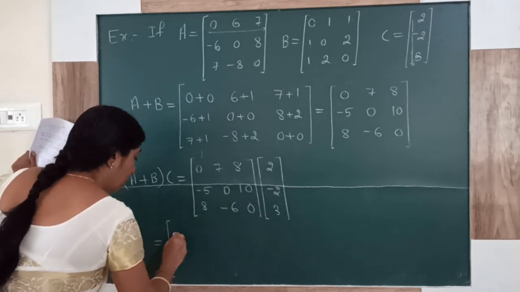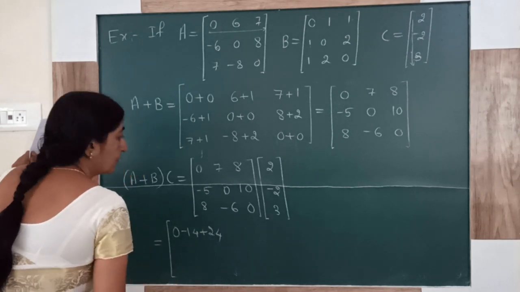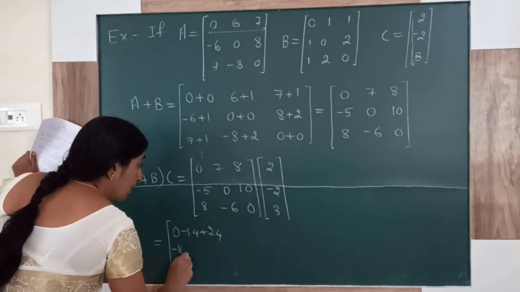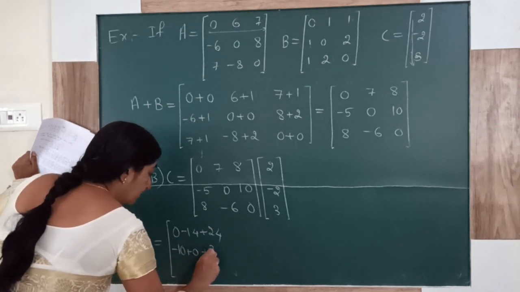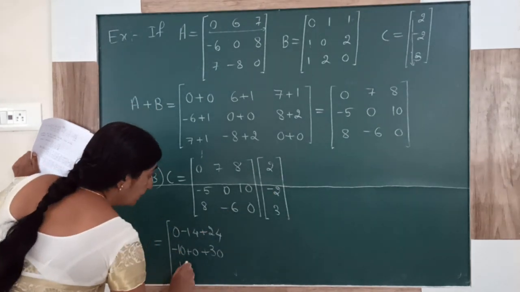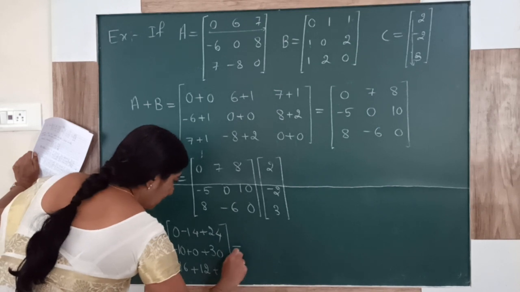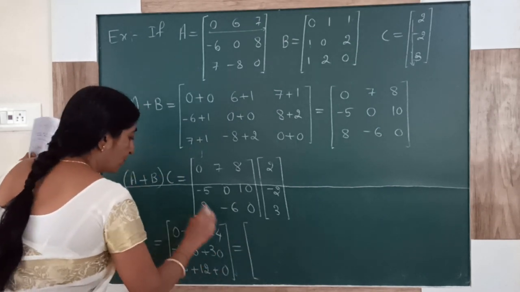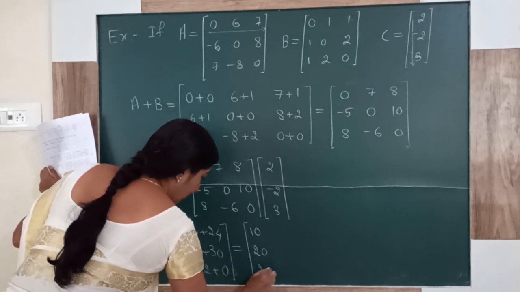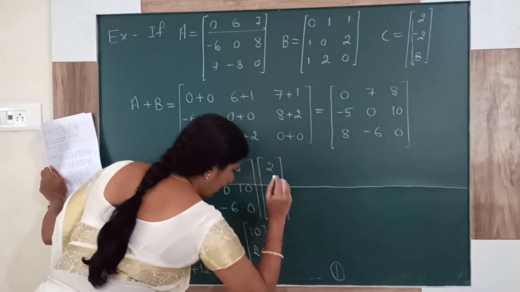First row with first column. Then second row with first column. Go for corresponding elements. Then third row with first column. This is 24 minus 14, 10. This is 20. This is 28. Let us call this equation 1.